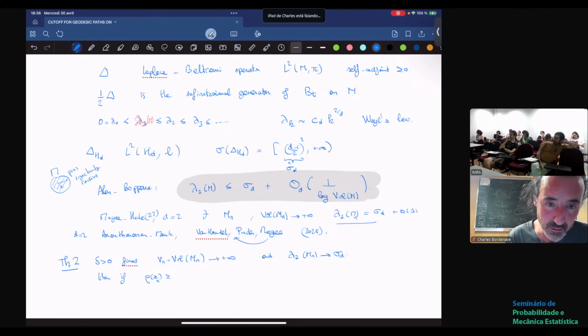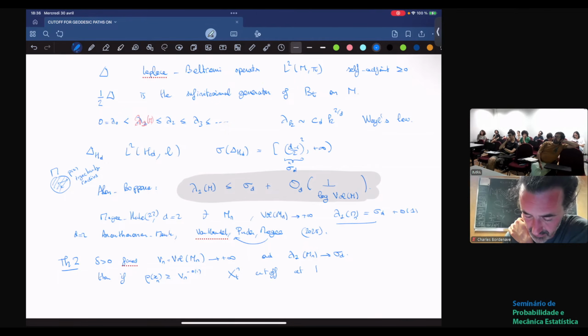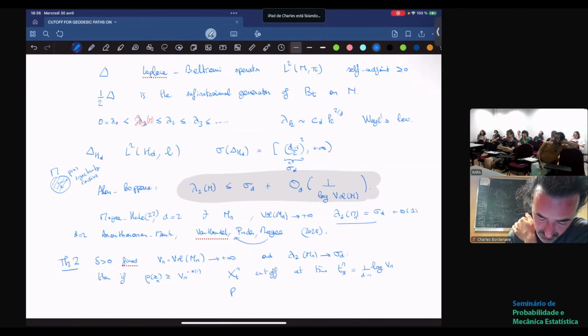If your injectivity radius is not too small, then your process X_t^n, which is indexed by n now, has cutoff at time t*_n, which is log V_n divided by d minus 1. This is also true for the Brownian motion, the hyperbolic Brownian motion, and the time is 2 times log V_n.